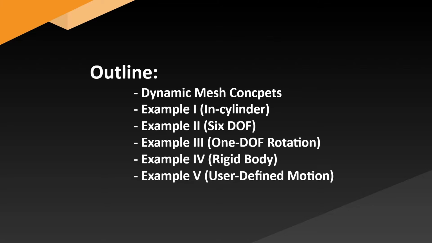Within the next chapters, we got some practical examples for different models. In the second chapter, example 1, we will simulate a cylinder piston motion, which is related to in-cylinder model.